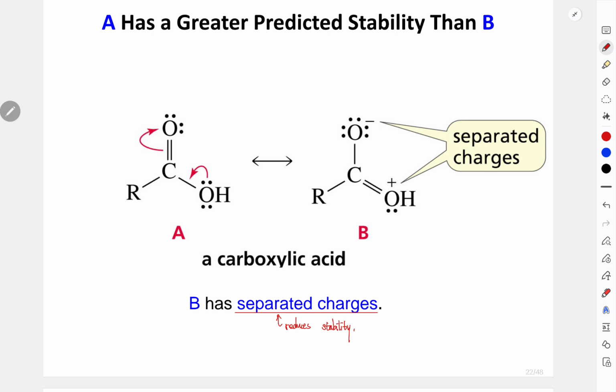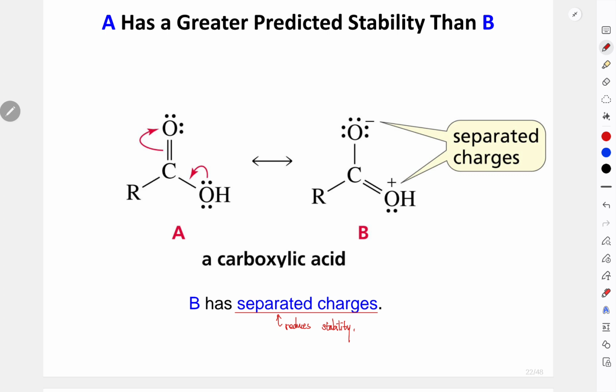After movement of the pi electron, you can draw the second resonance contributor with charge separation. In this case, you can tell A has a greater contribution or greater predicted stability. We'll discuss stability versus degree of contribution in a few slides later.